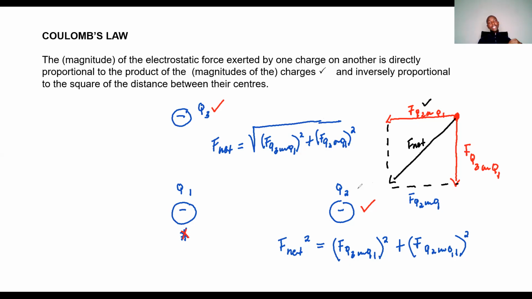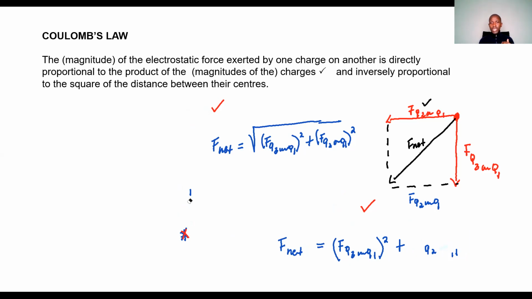If the question asks you to calculate the net force acting on Q1 due to the presence of Q2 and Q3, you should show the magnitude, but also the direction. Let's say you're given cardinal points: your north, your east, your west, and your south.